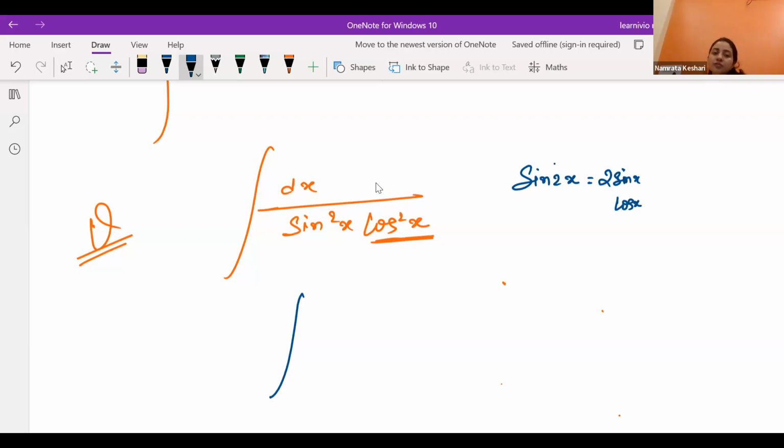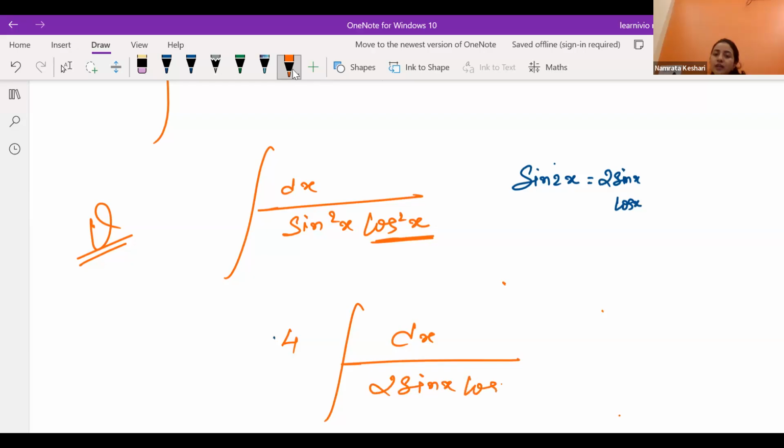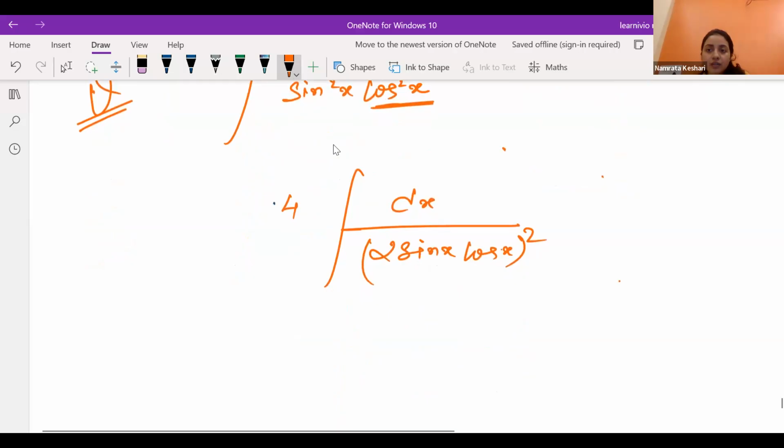Okay, so what if we multiply by 2 and divide by 2, and take the denominator's 2 inside the integration? So not 2, but 4, because the square is there. So can we write it like this: 4 dx by 2 sin x cos x whole square? Can we? Yes.